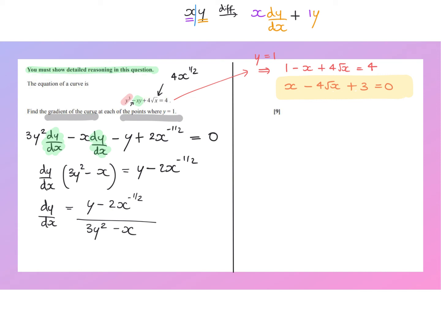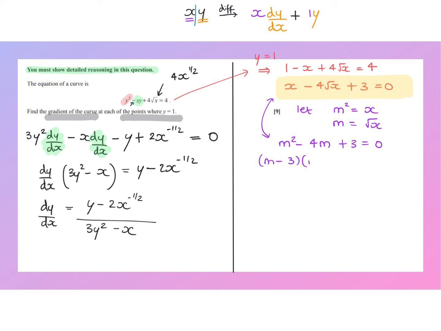So why don't I say, let m squared be equal to x. And then m would be equal to the root of x. And then if I go back to this, I can replace x with m squared. I can replace root x with m, and then it becomes easier to see that quadratic format.